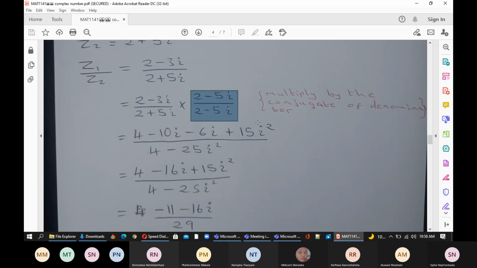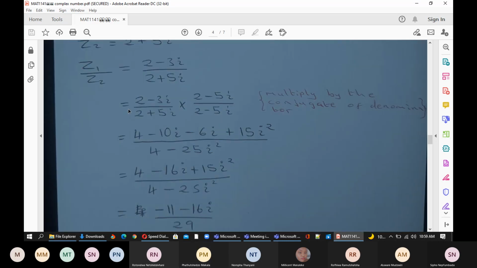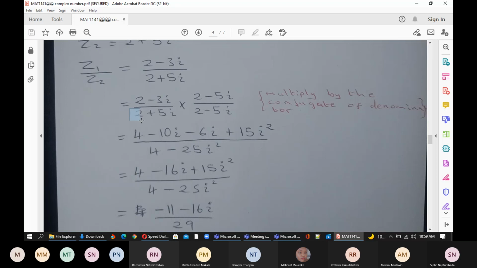But guys, whenever you meet this guy, i squared, it is equal to negative 1. So don't be surprised when we remove this guy as we go through our steps. Do you still remember when we were doing Maths 41? We met this kind of two factors.